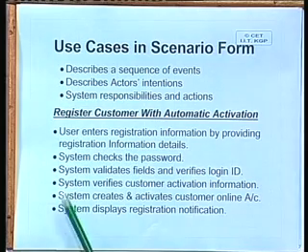So basically, suppose you have simply drawn register customer with automatic activation. This is like a use case. Who are the actors? Yes, customer and the system. The actor need not be a person all the time.